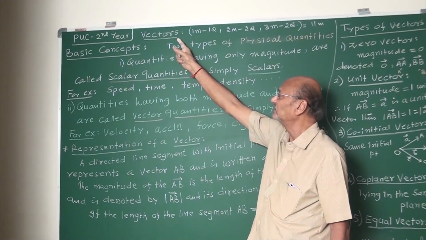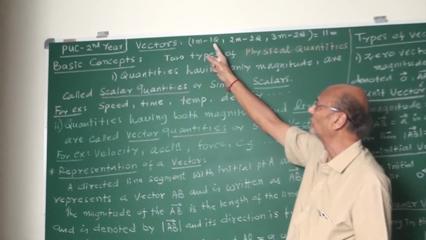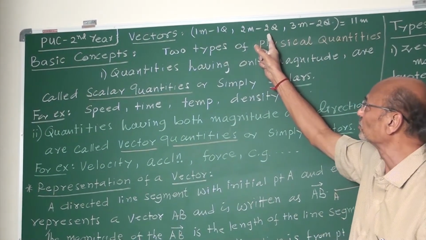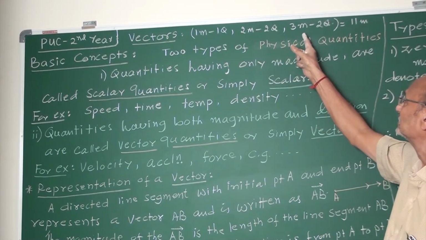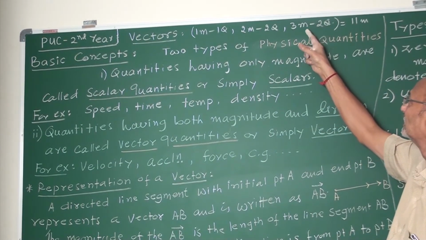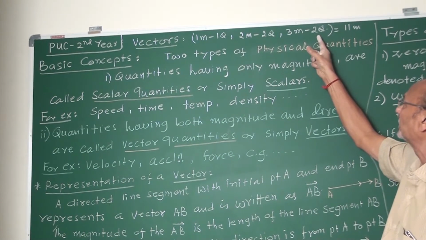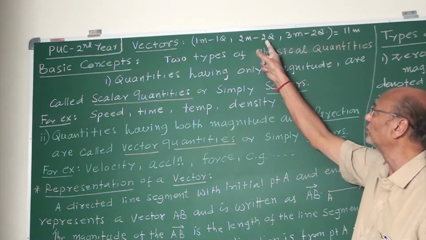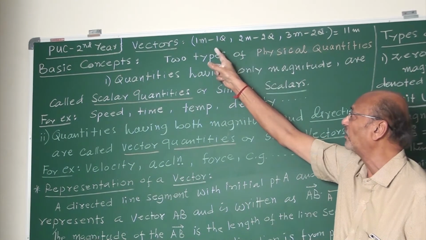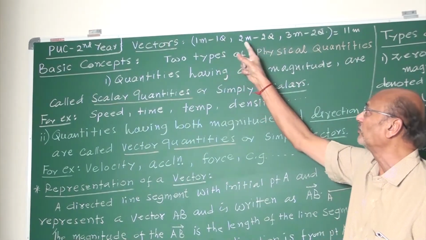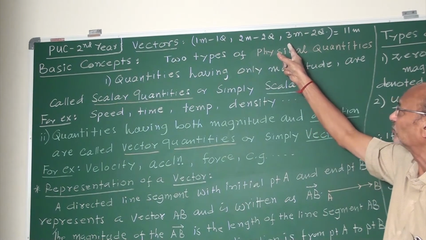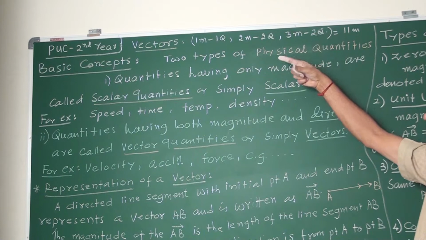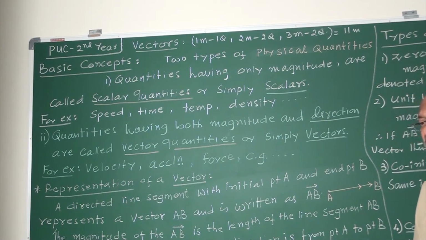In this chapter, factors, you have 1 mark 1 question, 2 mark 2 questions means 2 examples, 3 mark 2 questions means under 3 mark 2 examples. 3 into 2 is 6, plus 2 into 2 is 4, plus 1 into 1 is 1. 1 plus 4 plus 6 equal to, my friends, 11 marks in this chapter. 11 marks in this chapter.